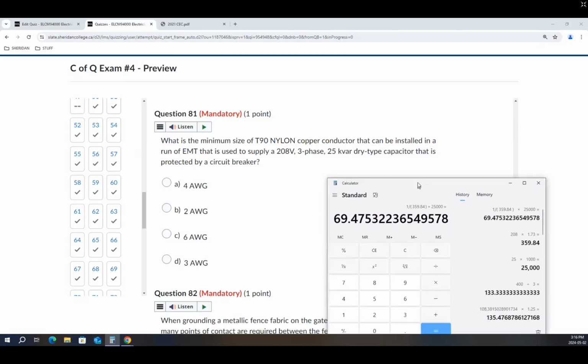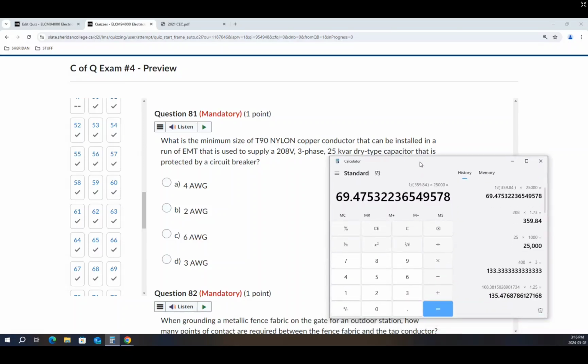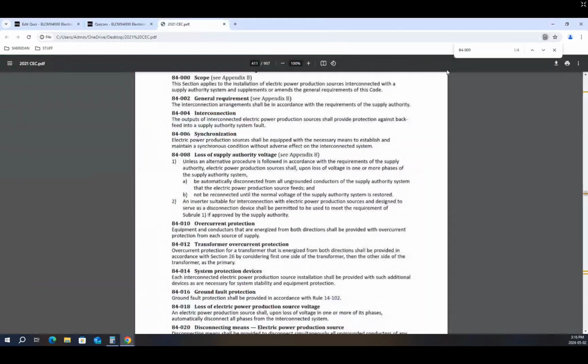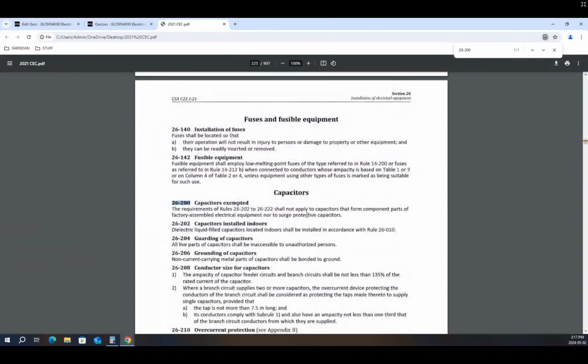What's the minimum size conductor? And I have to go to 26-200, Capacitors.